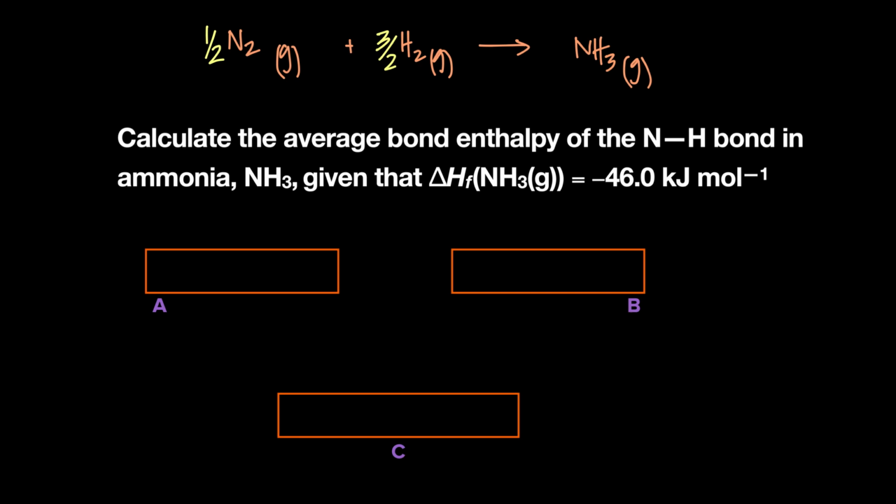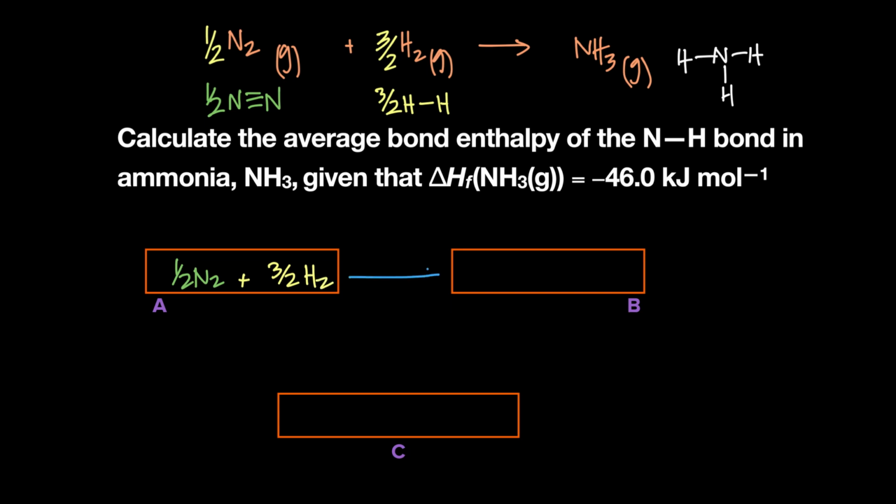So the bonds broken in nitrogen are half a mole of N triple bond N, and in hydrogen, it's 3/2 of H single bond H. And you're going to make 3 N-H bonds. So the formula is half N2 plus 3/2 H2 makes NH3, and that is minus 46.